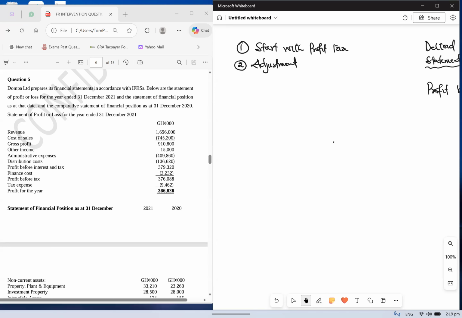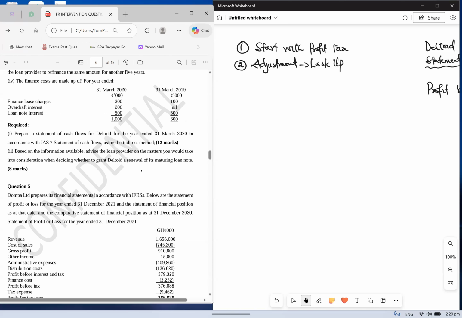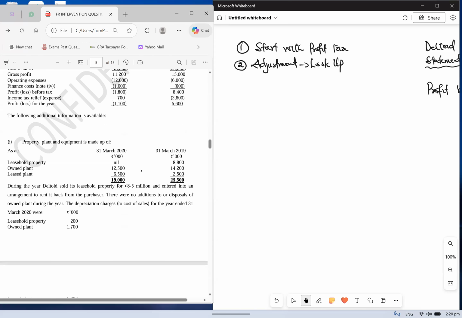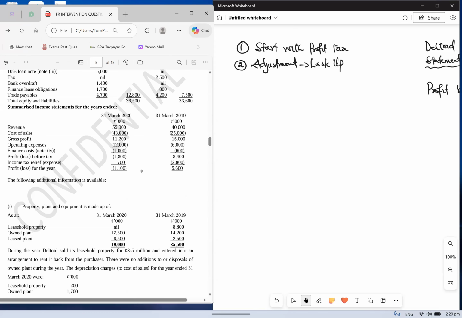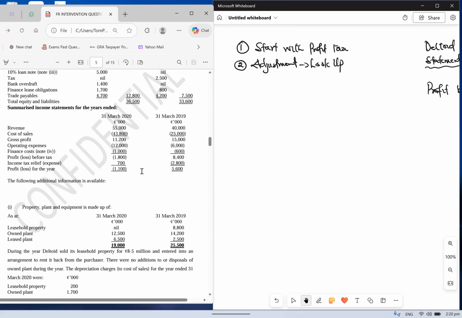Now, what we are going to do, basis this adjustment, is to look up. That's how I call it. Look up. So after you pick your profit before tax, start looking upward, up to the revenue. And when you are looking up, there are 2 things you are doing.